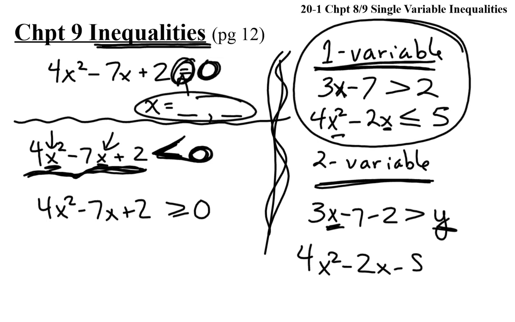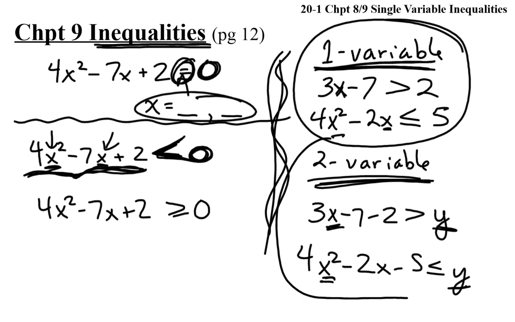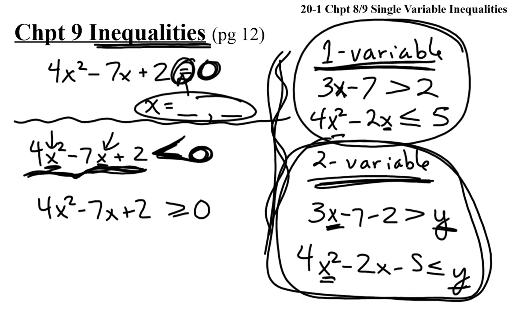Minus 5 is less than or equal to y. Well, now we're dealing with 2 variables, so it's going to be a little bit different process. So those are the 2 situations. The calculations aren't new. It's just applying the information that we have in what we're trying to work with. Got to be attentive. Got to do the practice to get through it.